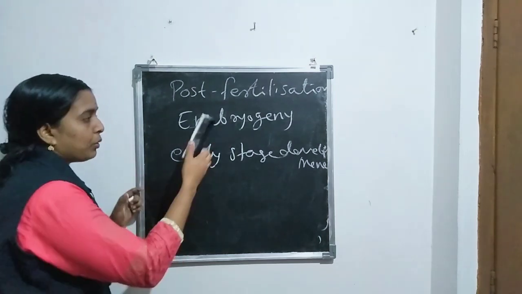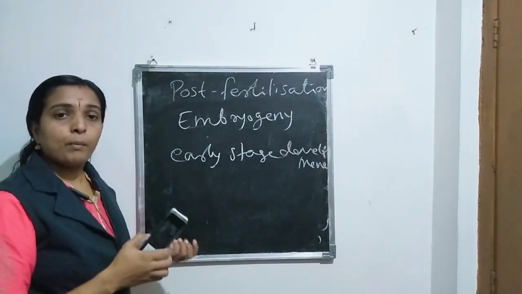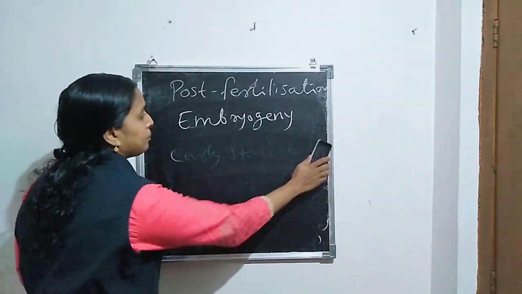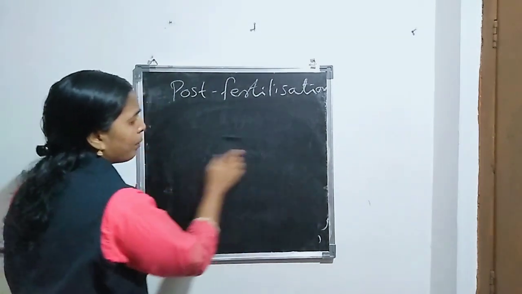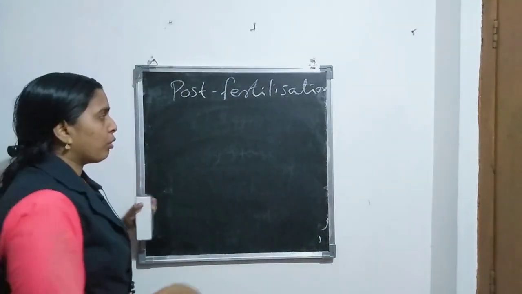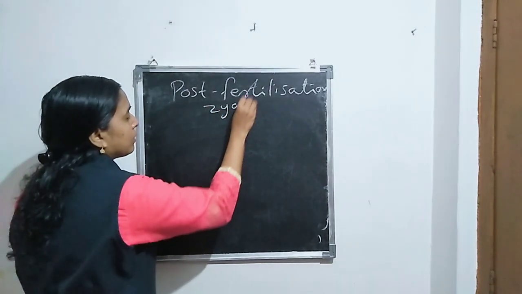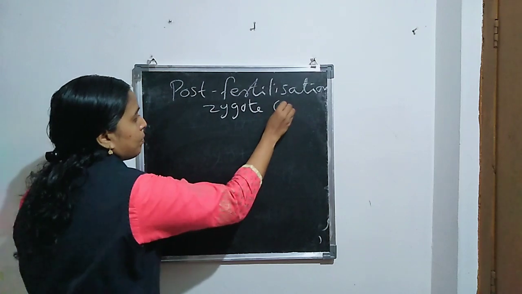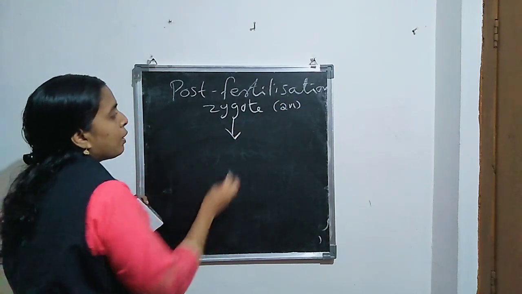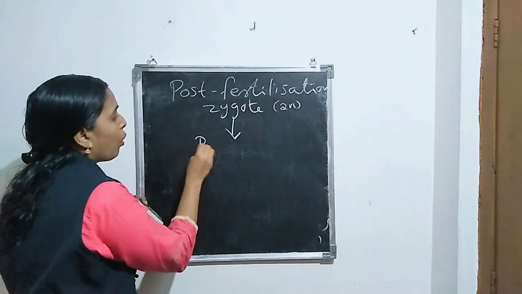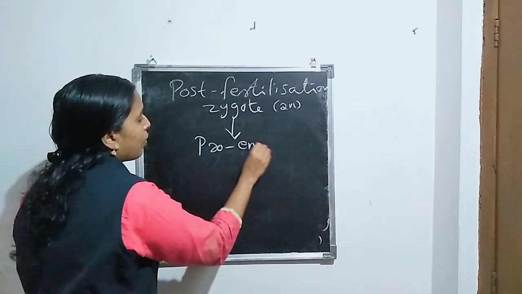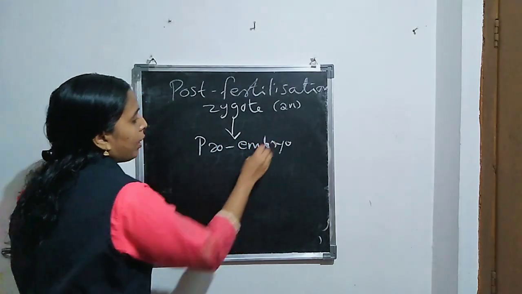You can write embryogeny in the form of a flow chart. Embryogeny is common for both dicot and monocot. Early stage development starts from the zygote. Zygote is diploid. Zygote becomes pro-embryo.